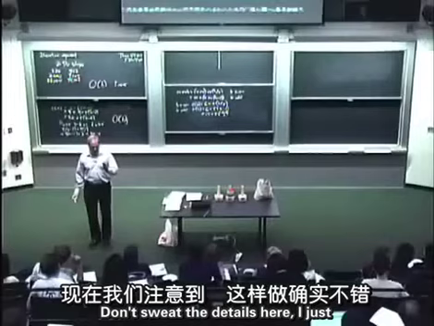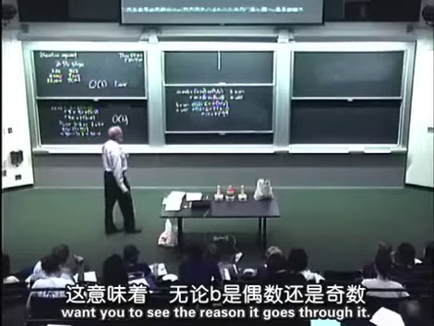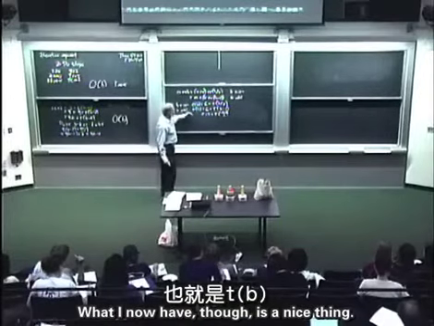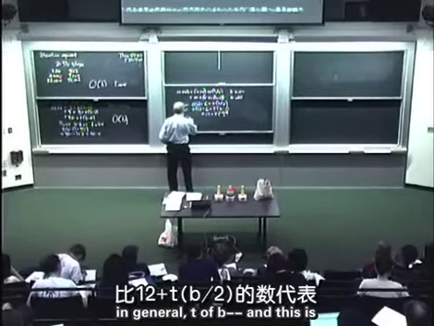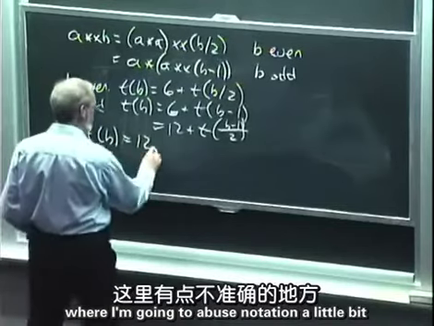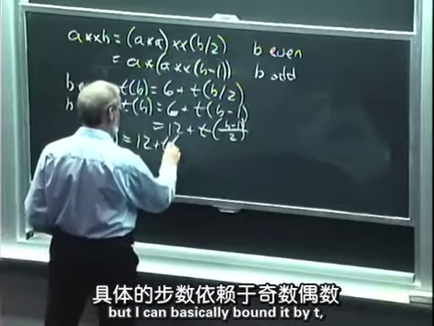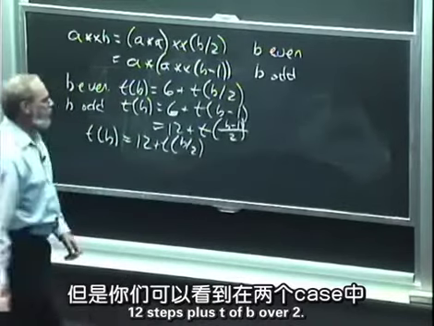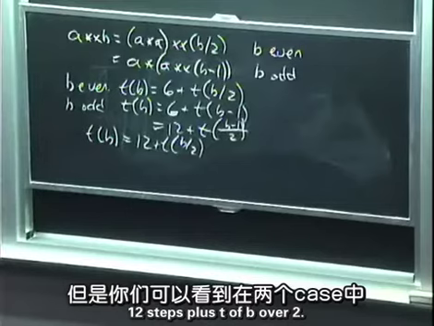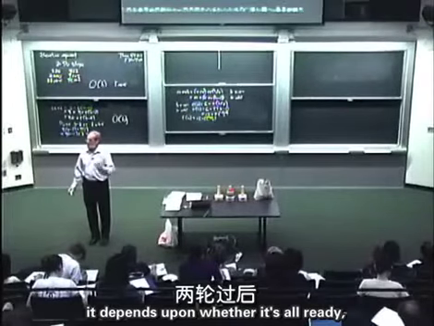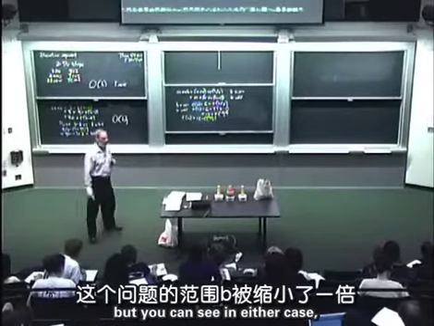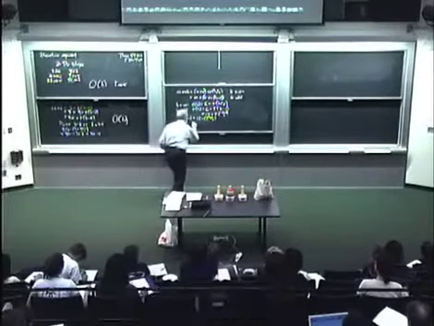Don't sweat the details here. I just want to see the reasoning goes through. What I now have, though, is a nice thing. It says in either case, in general, T of b, and this is where I'm going to abuse notation a little bit, I can basically bound it by 12 steps plus T of b over 2. The abuse is, it's not quite right. It depends whether it's already even. But you can see in either case, after 12 steps, 2 runs through this, I'm down to a problem size b over 2. Why is that nice?